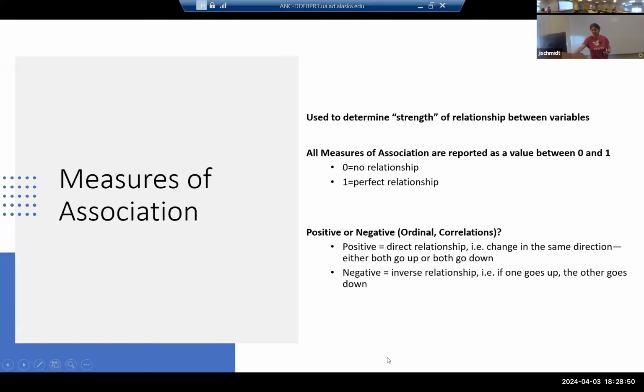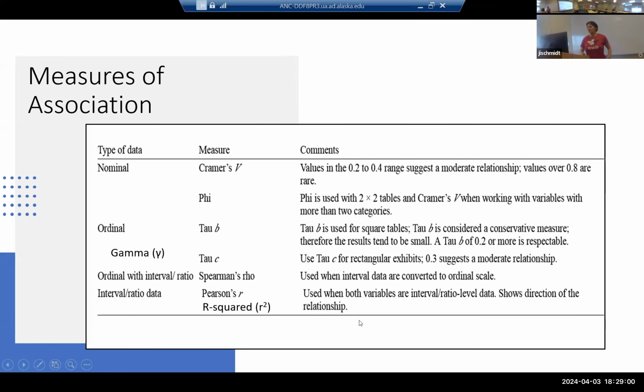And I can't stress this enough, because there are different tests that you do, and you've got to choose wisely when you're doing SPSS, because it'll let you do the wrong tests. Your book has a general table of what measures to use depending on your types of data. For nominal, there's Cramer's V and phi that are typically used. And it says the size of the table.